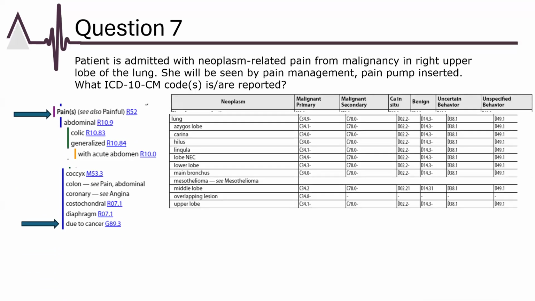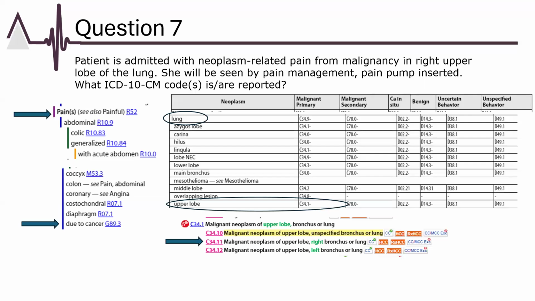Lung malignancy is referenced in the table of neoplasms under lung and upper lobe in the column for primary malignancy, which leads you to subcategory C34.1. Notice the dash after the 1. We'll want to reference these both in the tabular list. C34.1 needs a 5th character of 1 for the right lobe.